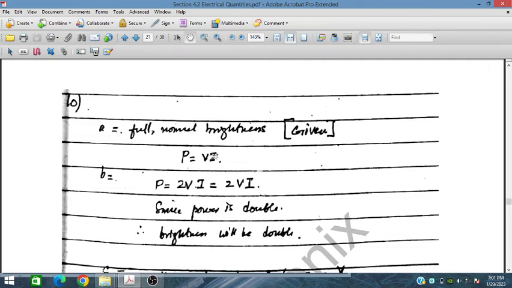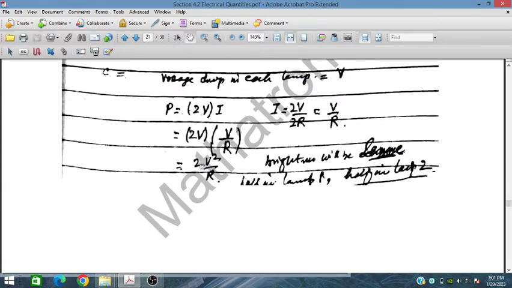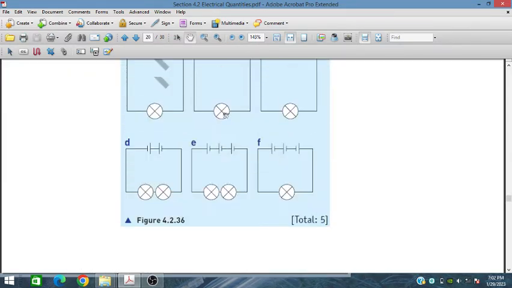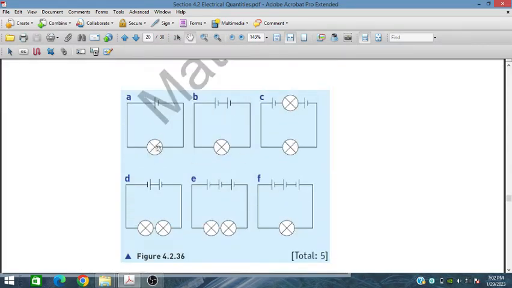For one lamp it is V square upon R, and the second lamp has V square upon R, so 2V square upon R. So both lamps will have the same glow like lamp A.